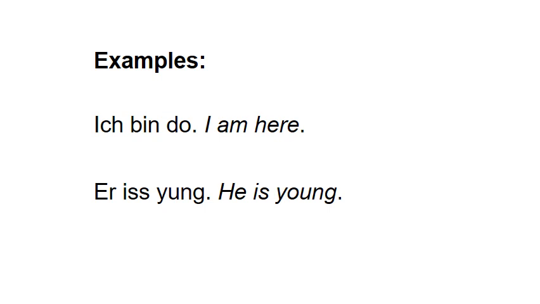So our order in the sentence is just like in English. Similarly, er ist jung means he is young. Er means he, ist means is, and jung means young. Our sentence order is just like English.